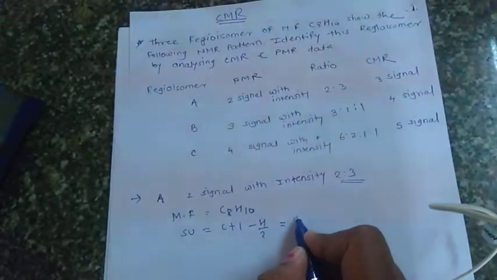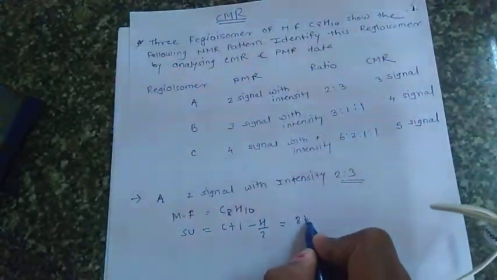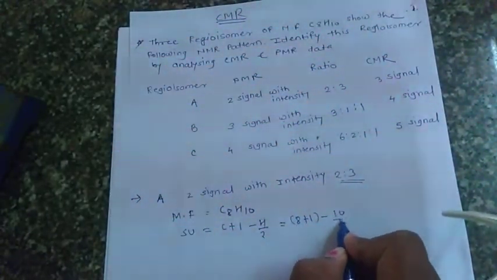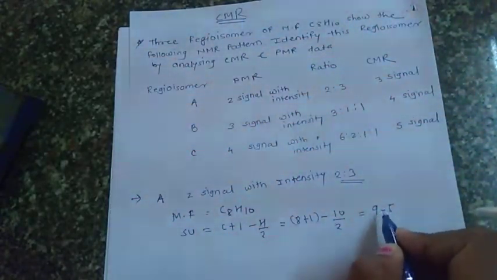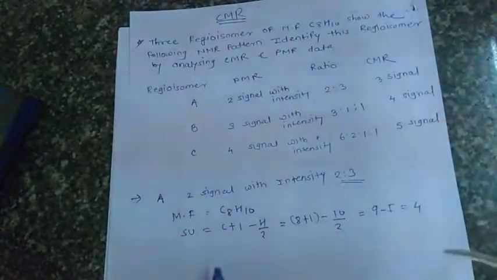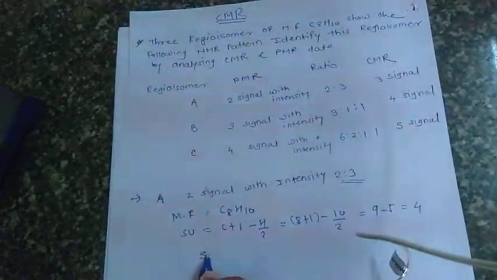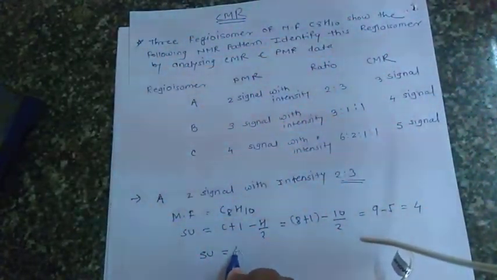Here the carbons are 8, so 8 plus 1 minus 10 divided by 2, which is equal to 9 minus 5, which is equal to 4. That means sites of unsaturation are 4.